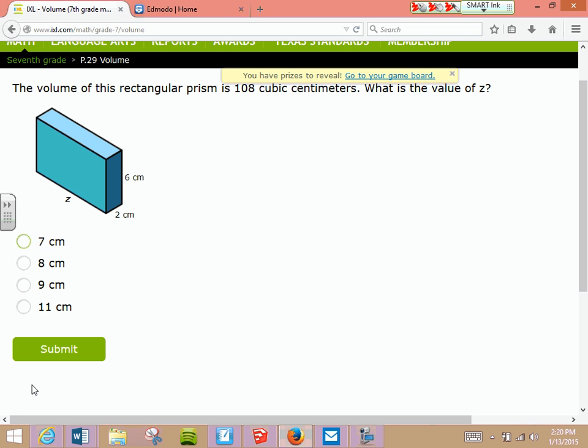So it says we have to find the value of z, right? We don't know that. But we know the formulas, right? The volume equals area of the base times the height. What is the formula for the area of the base? Length times width. Why are we dividing?